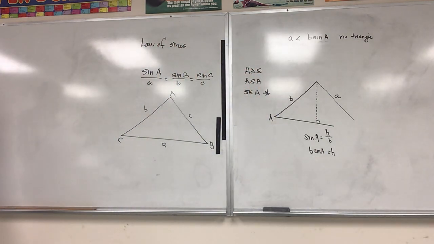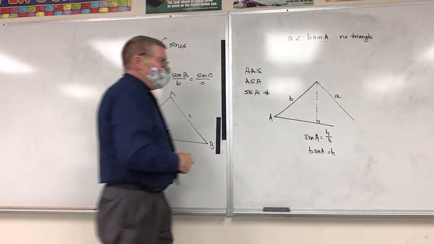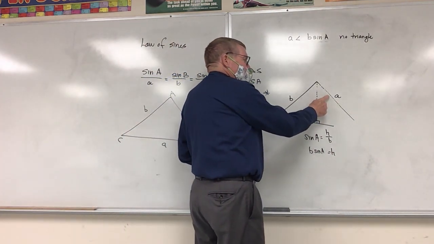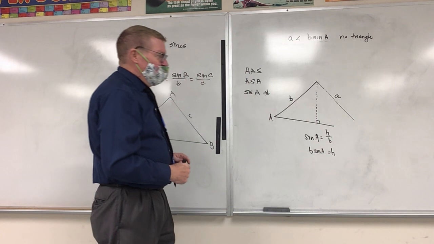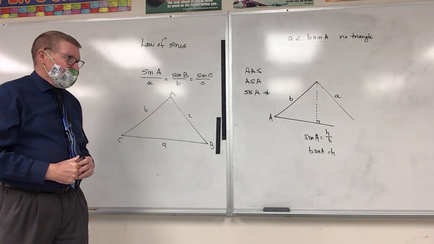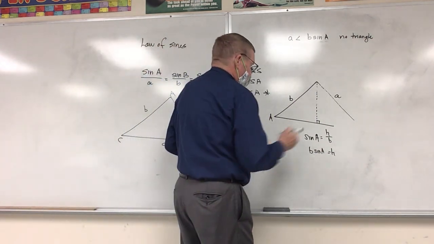So if they give me 2 sides and an angle, I am going to check to see, all right, do I have a triangle that's formed? All right, let's say that A is longer than that value.